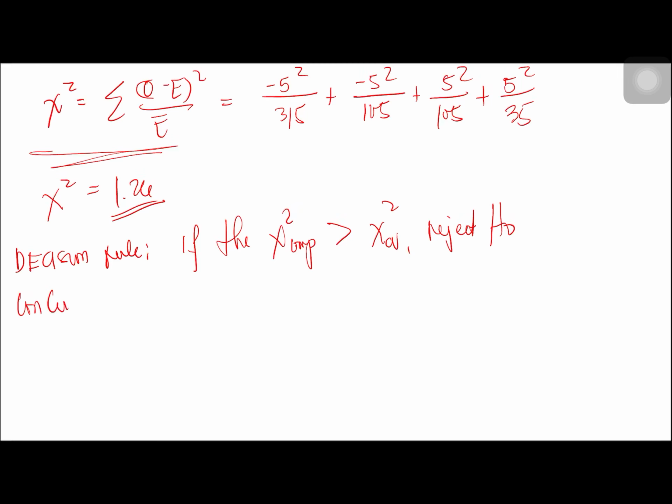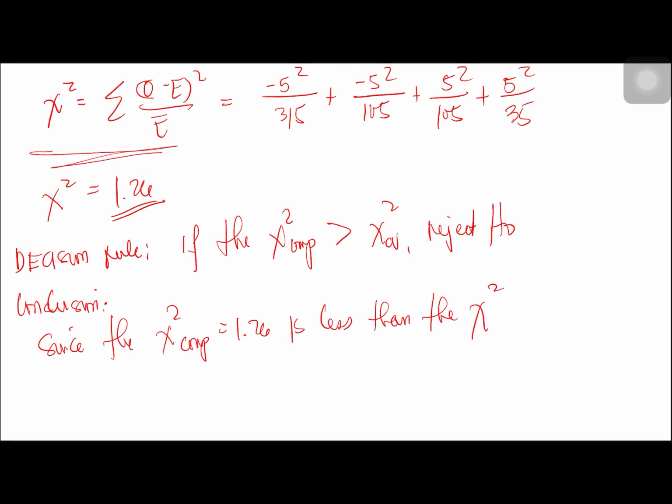So, for our conclusion, since the chi-square computed value of 1.26 is less than the chi-square at 0.05, which is equal to 7.815, we fail to reject the null hypothesis.